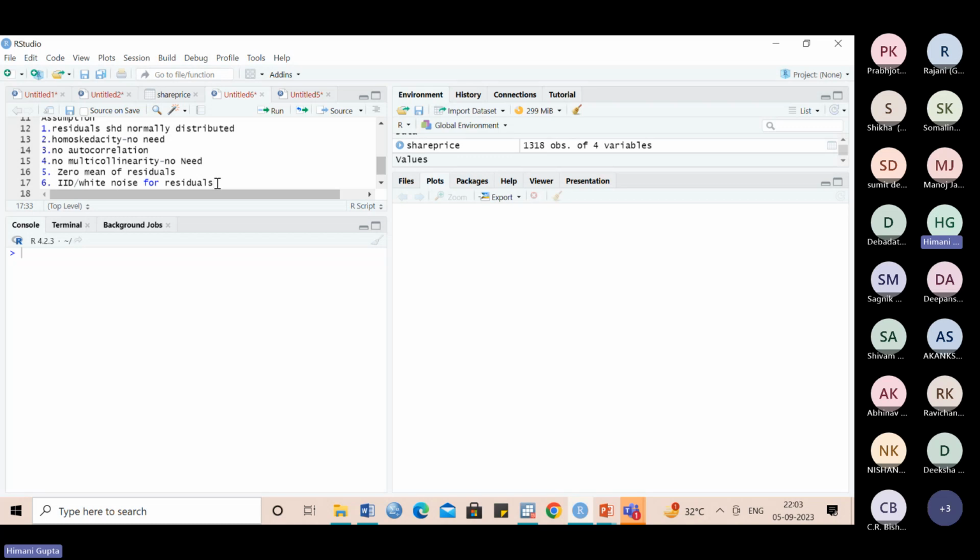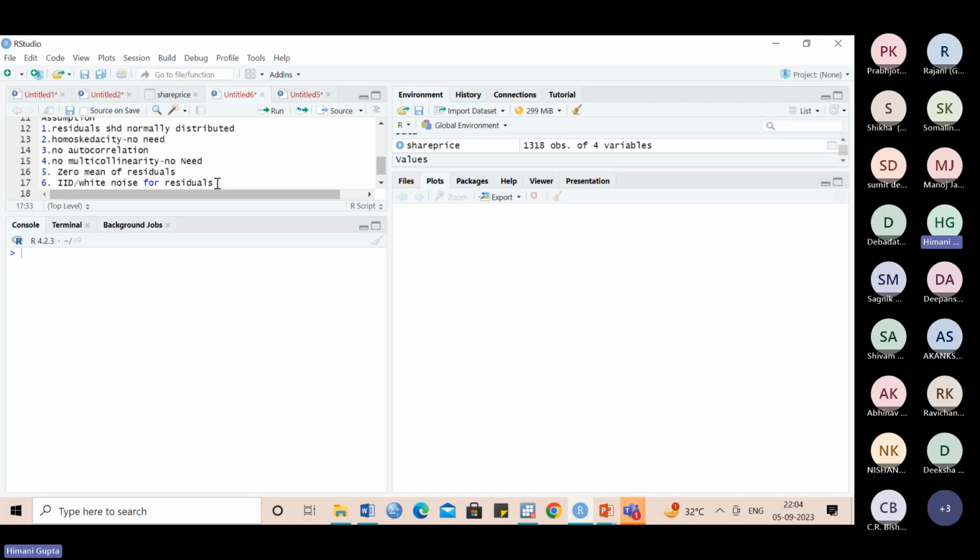But white noise means whatever variables are sitting in your error term, they are not playing any role in my dependent variable. They are all clear. They are all identical. Independent and identical distribution is there.